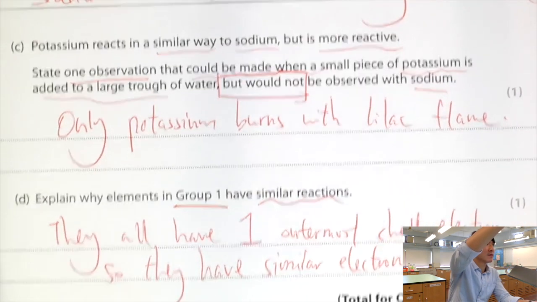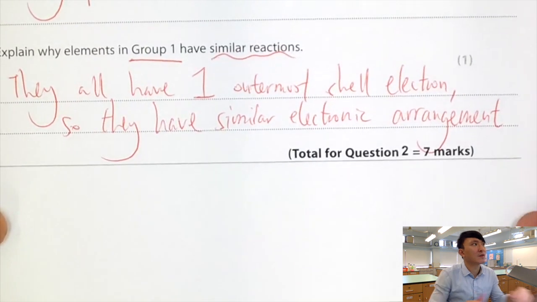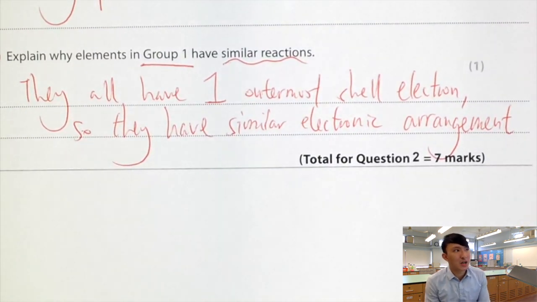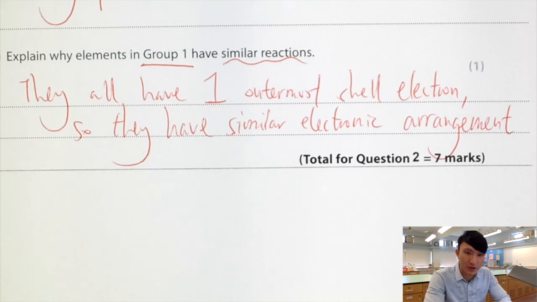Okay? So they all have one outermost shell electron, therefore they all have similar electronic arrangements. Okay? So that would be all the past paper questions here.